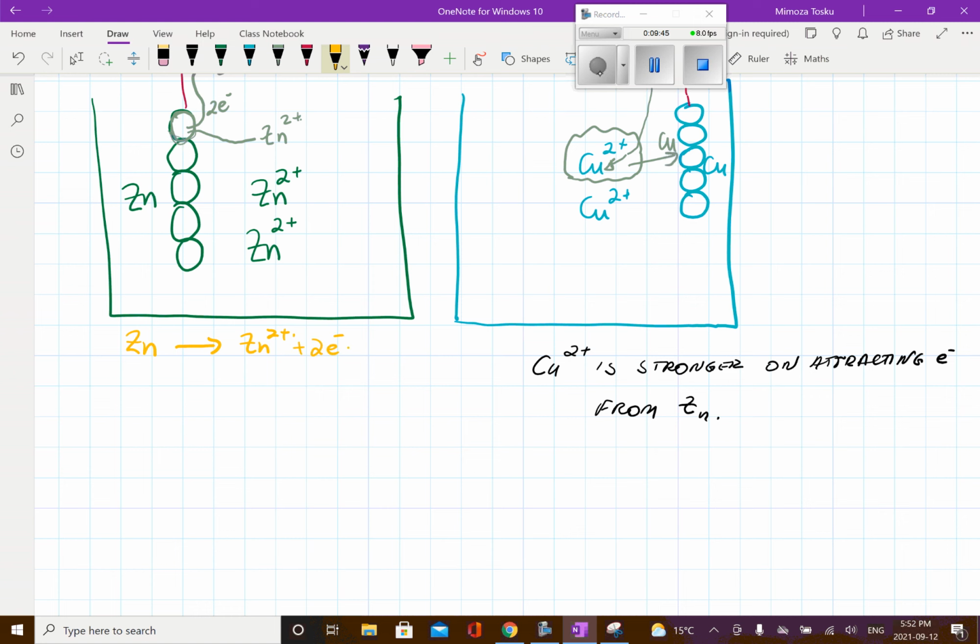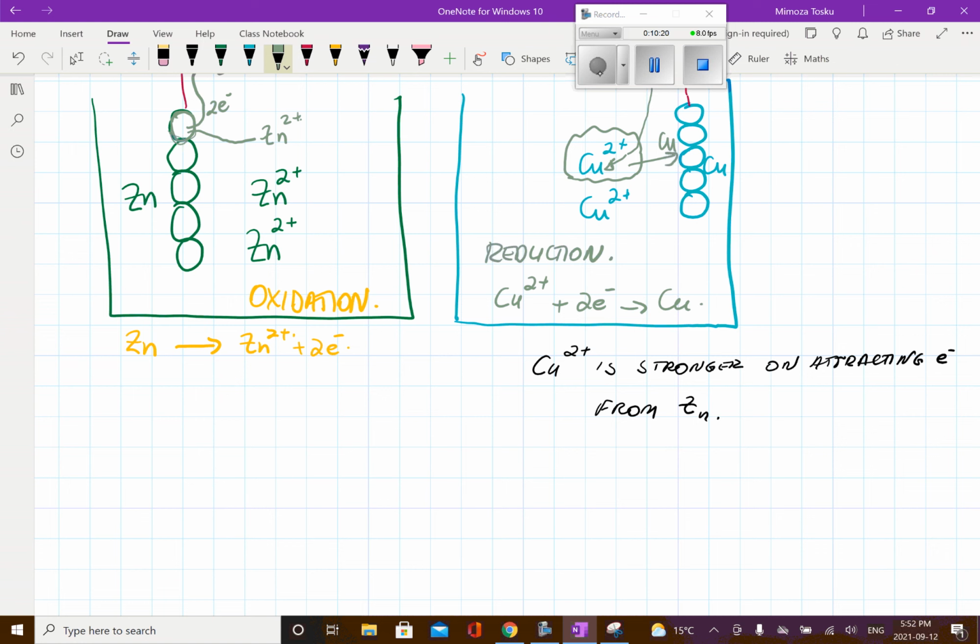That means that on this side, on this beaker here, what is happening is oxidation. And then when we take a look at the other beaker, in which the copper ion is grabbing 2 electrons to become solid copper, what is happening here is actually reduction.